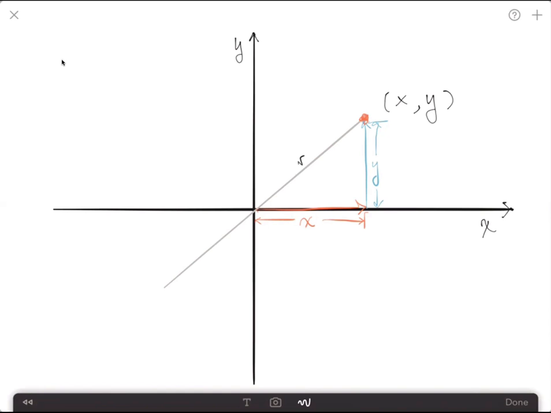So we're going to follow Pythagorean's theorem. And I'll try my best to write that. Pythagorean's theorem follows this kind of theory.